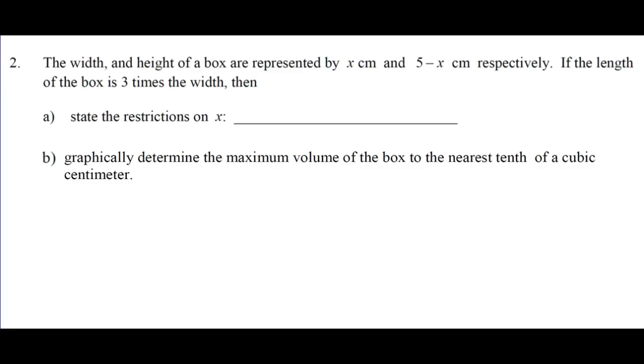The width and height of a box are represented by x and 5 minus x, respectively. If the length of the box is 3 times the width, then state the restrictions on x. So what should we do? Let's draw a picture. I got a box.